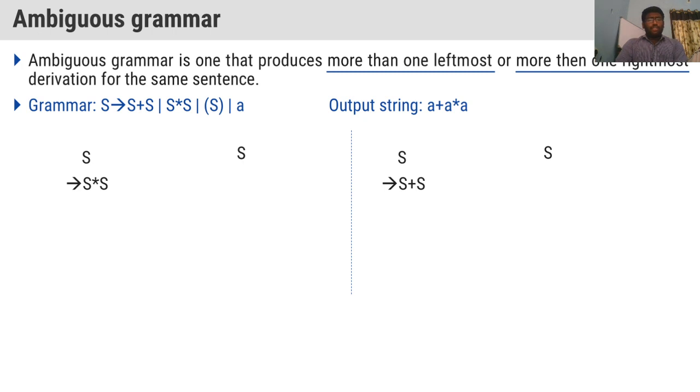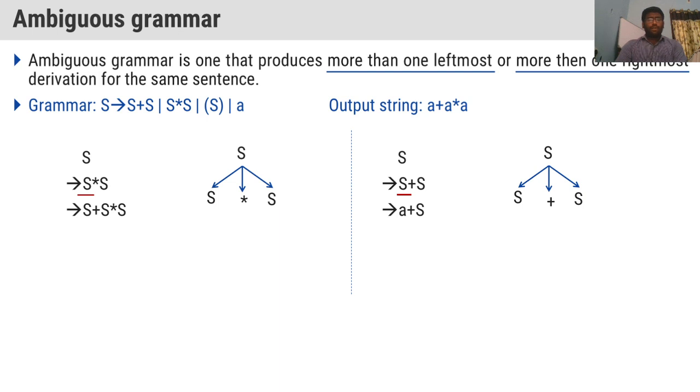In the first LMD I started with S star S, and in the second LMD I started with S plus S. Now you see the parse tree for this. First parse tree S star S, second parse tree is shown with S plus S. Since it is a leftmost derivation, I need to replace only the leftmost non-terminal.